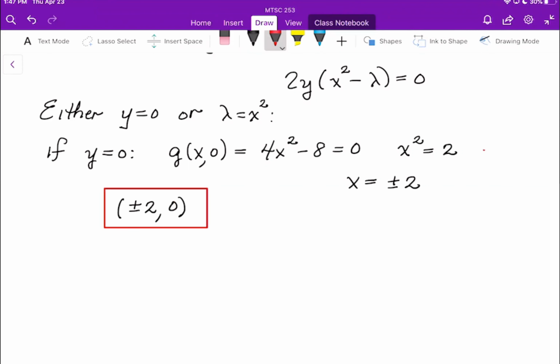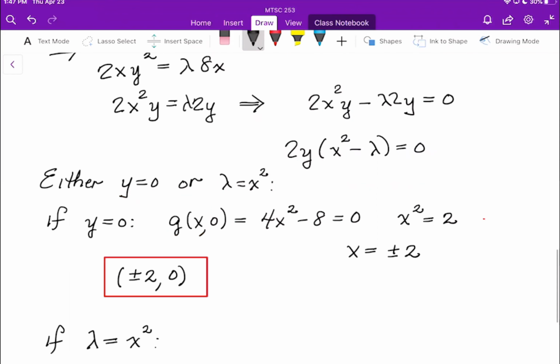And then if lambda is equal to x squared, I'm going to plug that into the first equation, and I get 2x y squared is equal to lambda, which is x squared times 8x.